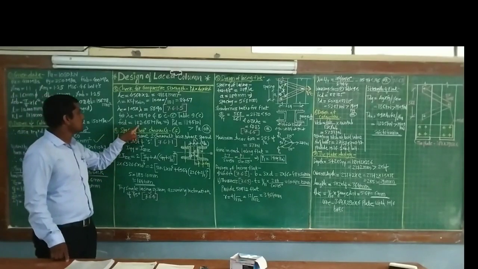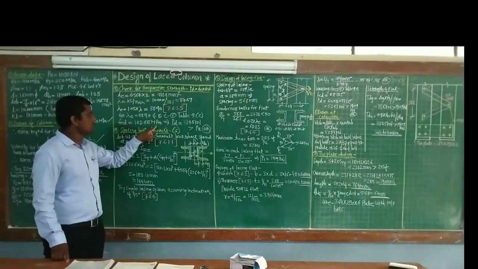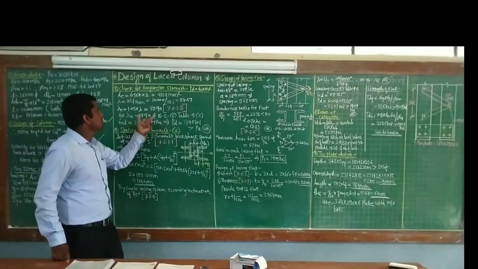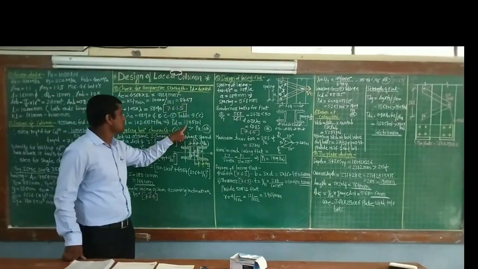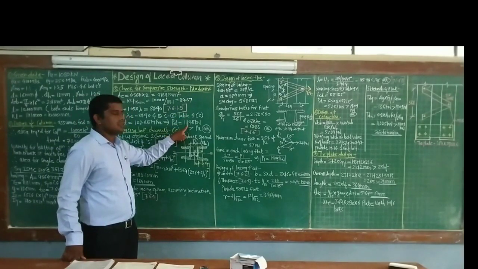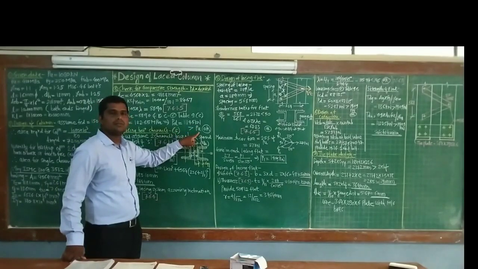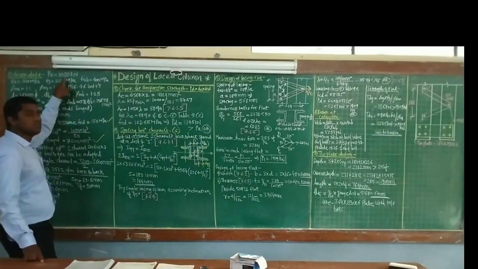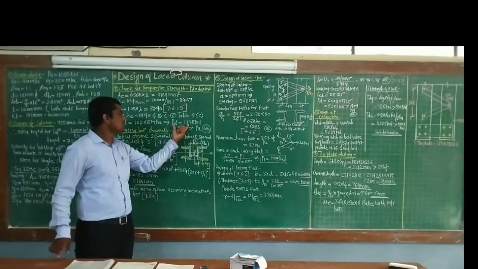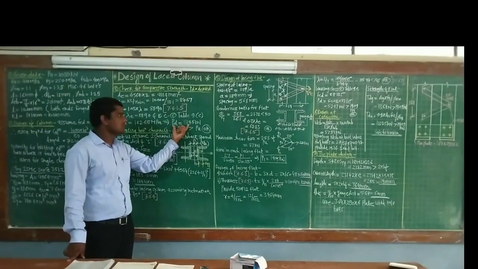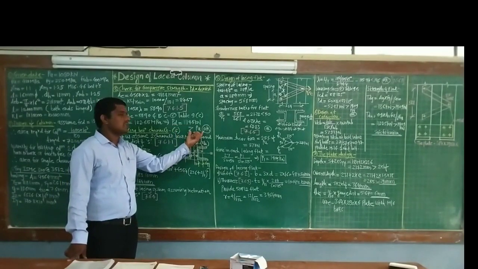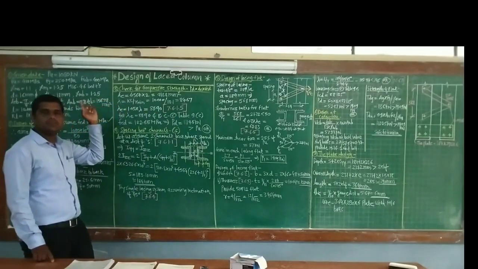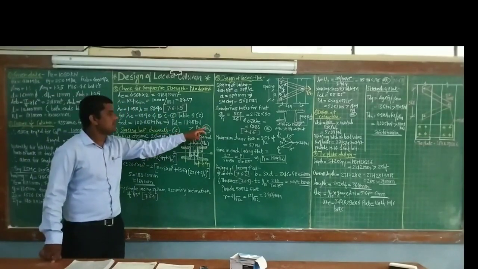So fcd will be 122.65 MPa. After reading this value, we substitute in the P_d equation. The design compressive strength P_d is 119.5 kN, which is greater than 1080. Whatever design compressive strength is calculated is greater than the value mentioned in the numerical, so it is safe.